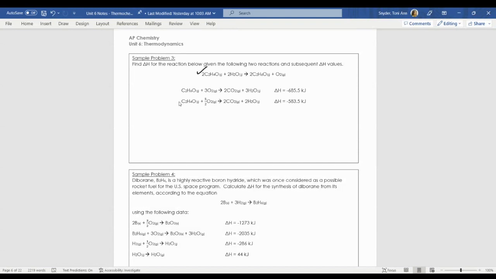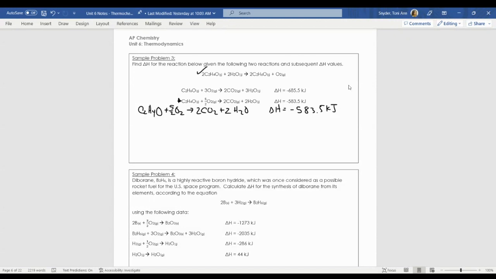Looks like I'm going to have to start off with this one right here. So I have C2H4O plus 5/2 O2 yields 2 CO2s and 2 H2Os. And this process, negative 583.5 kilojoules.